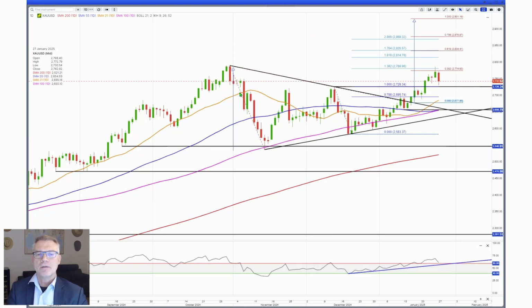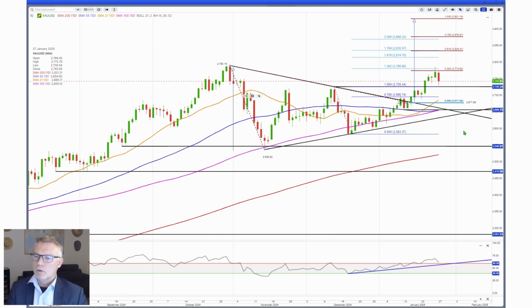So that's why I added Fibonacci to this level and then added it to the breakout price. And these are the red ones here. The 38.2% of this distance here is around 2,775. However, it usually moves up to the 61.8 projection or extension at 2,834.35, which is also close to this Fibonacci projection.